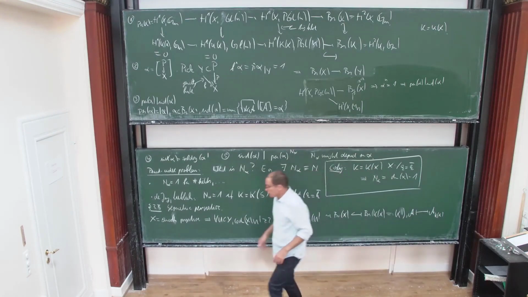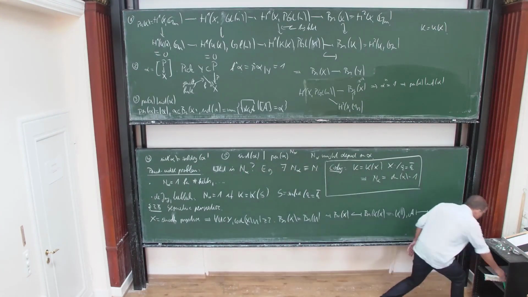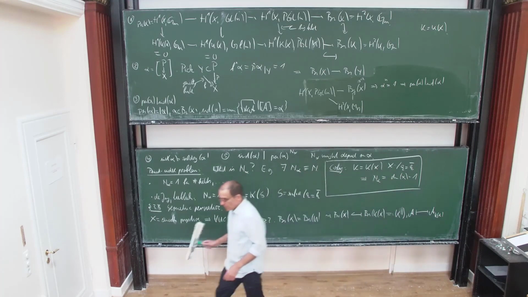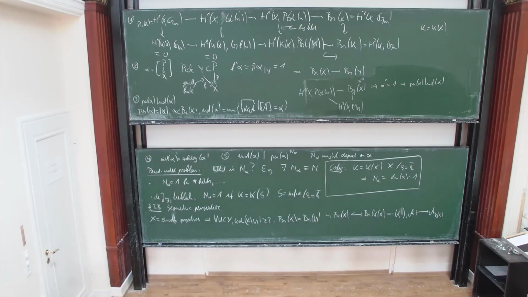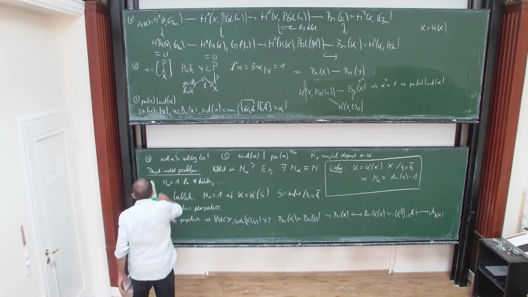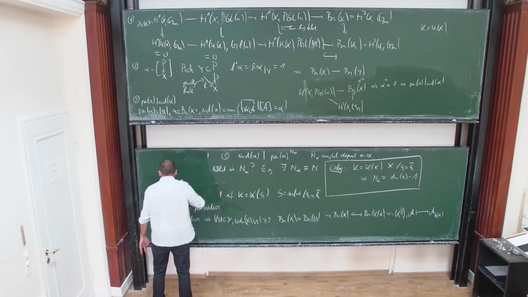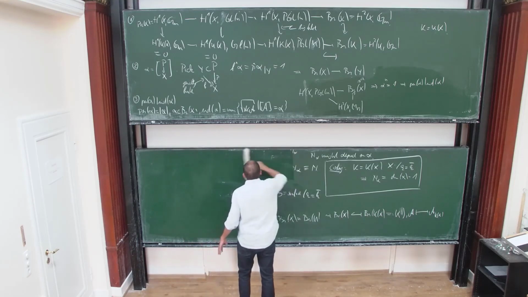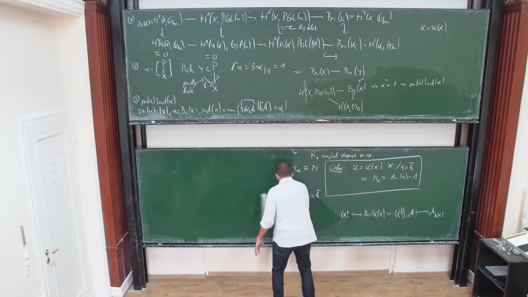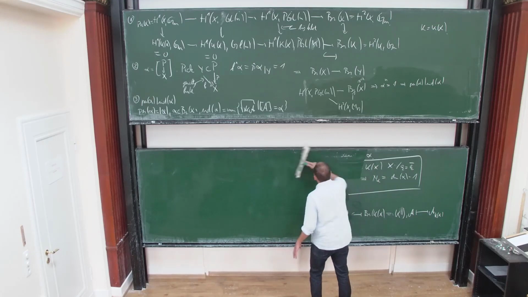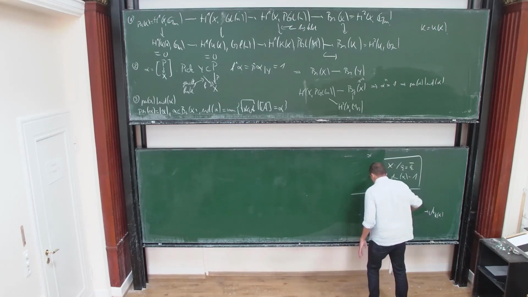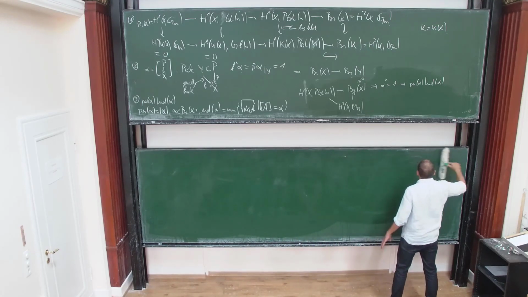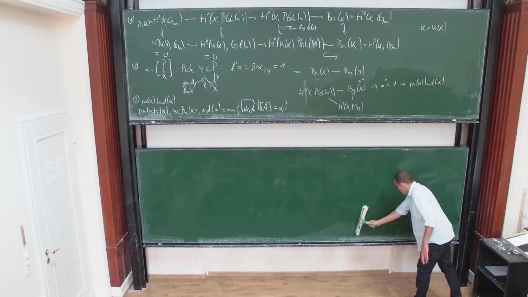And there was something about the splitting degree being the index. Let me tell you how this is done. But this point also follows from the thing about the field, right?